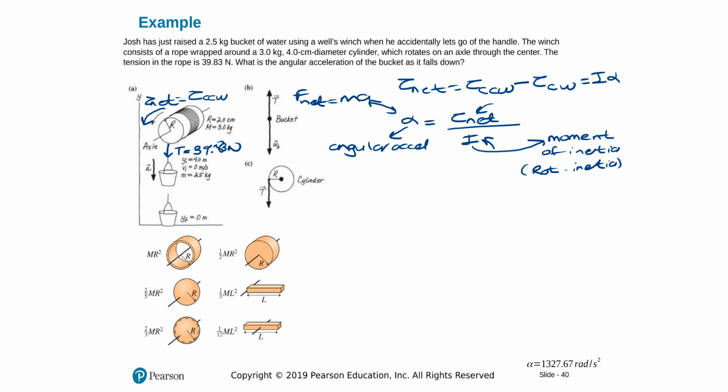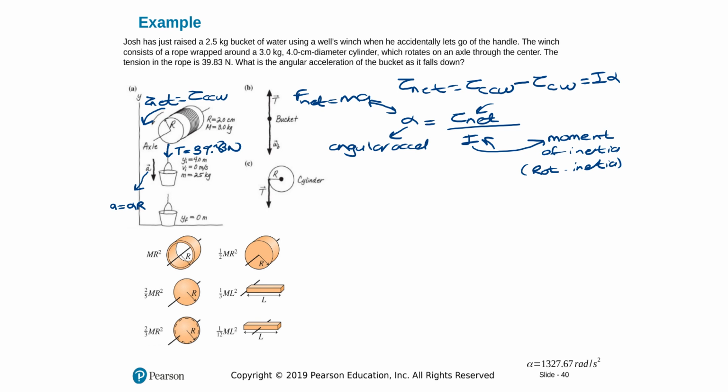What is the angular acceleration of the bucket? As this cylinder rotates, the bucket will be going down. It will have an angular acceleration. I could also find the linear acceleration in an equation I gave you before. If after I find alpha, I can easily find a is equal to alpha times R. R here would be the R of this rotating object we have.